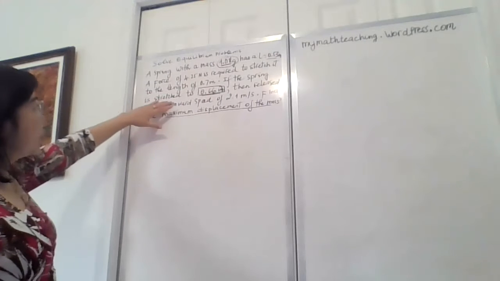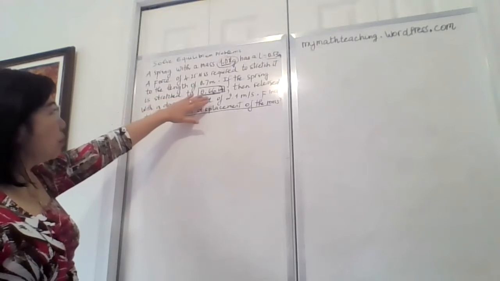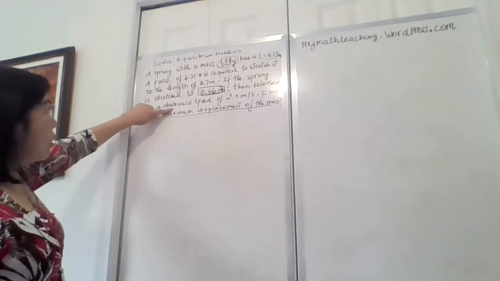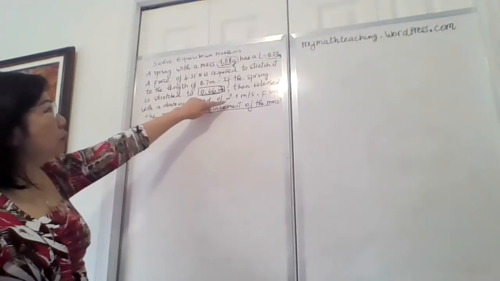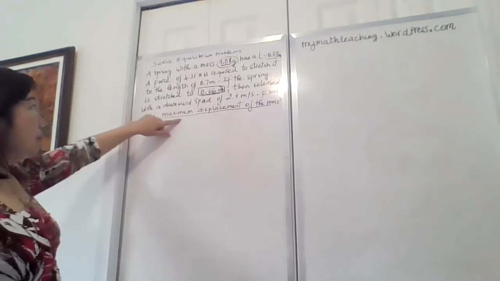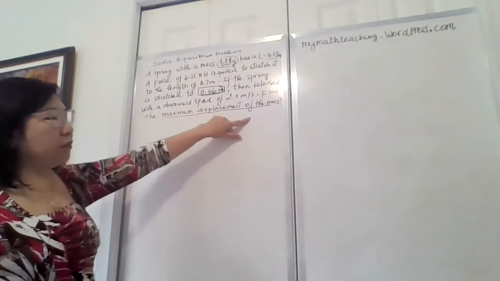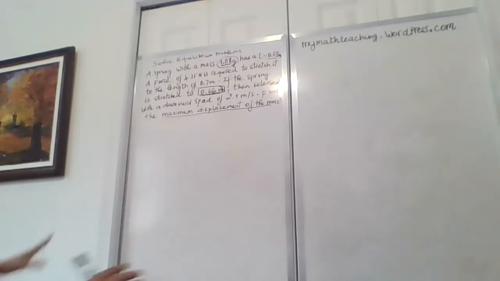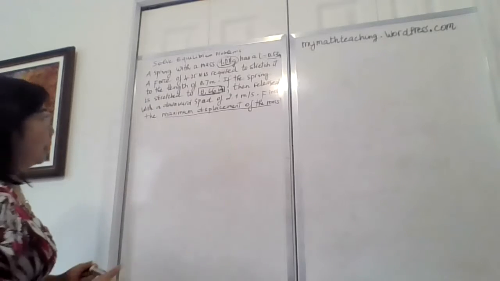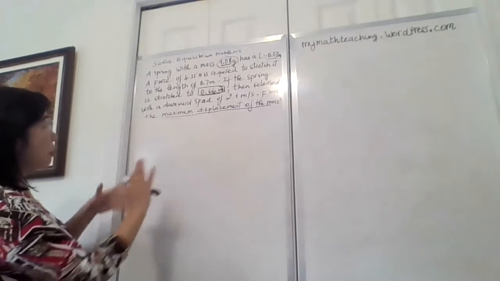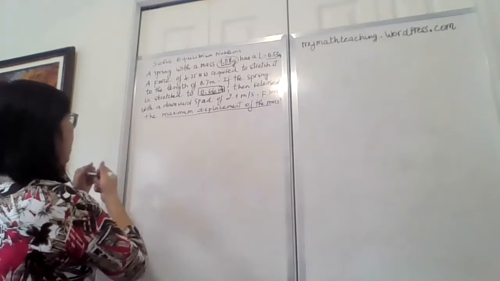If the spring is stretched to 0.66 meter, then released with a downward speed of 2.1 meter per second, find the maximum displacement of the mass. So it sounds a little bit complicated, but let me draw the diagram to demonstrate what is said here.